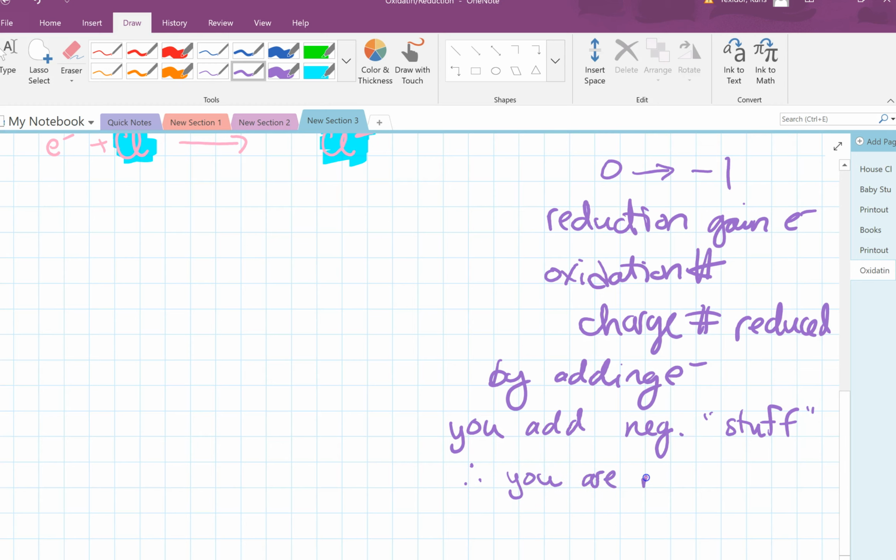You've got LEO goes GER. Lose electrons is oxidation. Gain electrons, reduction.